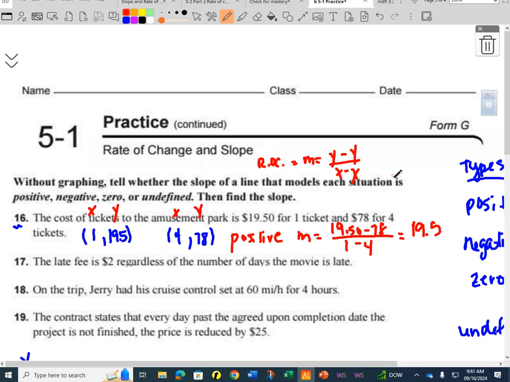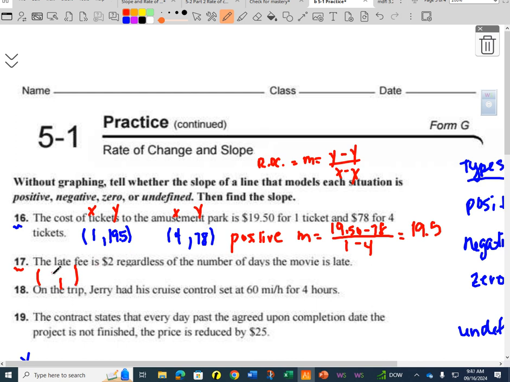All right, so I'm not going to do the other three. We're going to let you try to do those on your own. Oh, actually I lied. We'll do number 17 for experience. Number 17 says the late fee is $2, regardless of the number of days the movie is late. Independent and dependent variable doesn't really work here, but usually a late fee will be based on the number of days late, right?